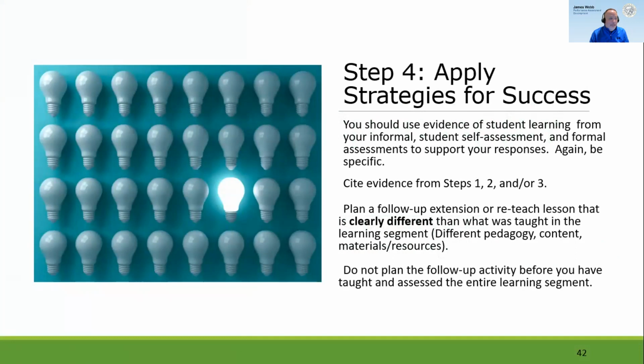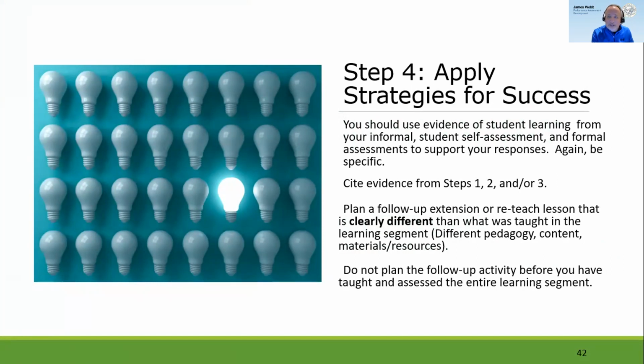So one of the big pieces, as we've always said, is using evidence. So you want to use that evidence of student learning from all the assessments to support your responses. Be specific. I noticed when I provided the informal assessment that 7 students appeared to not understand the concept, I could have done this.